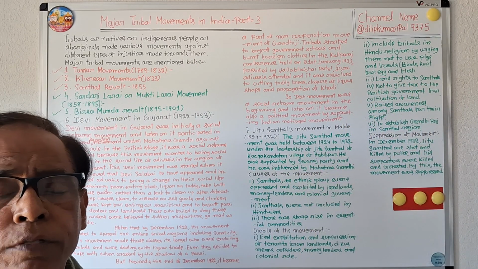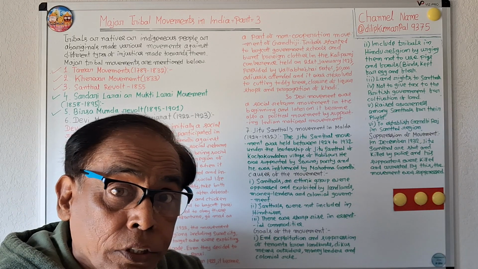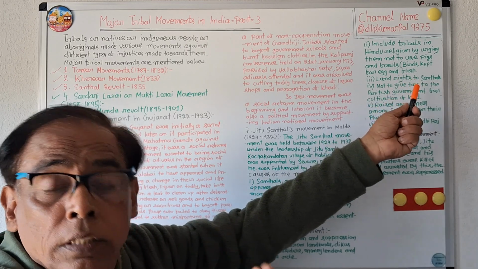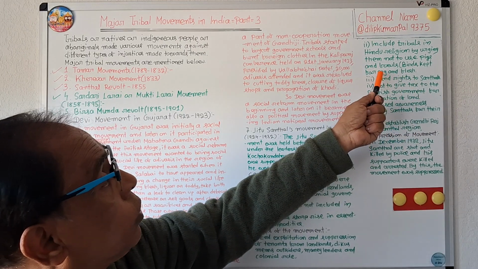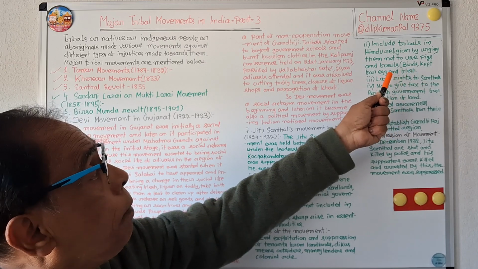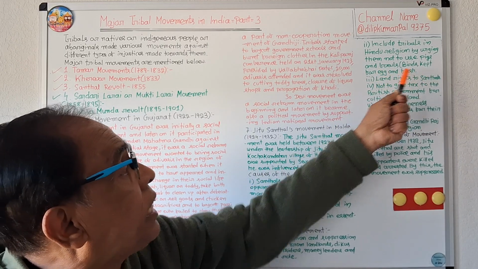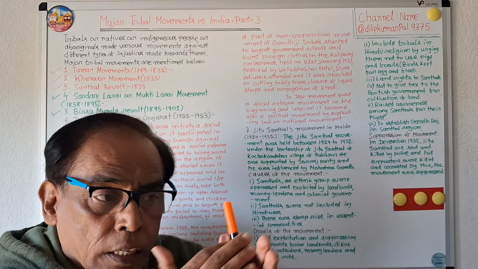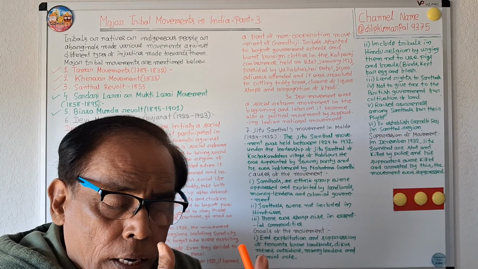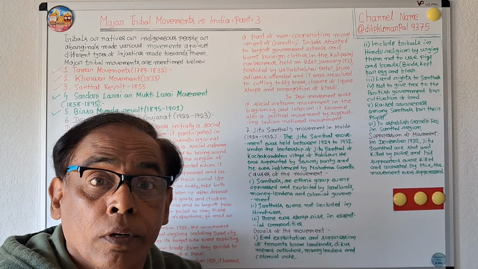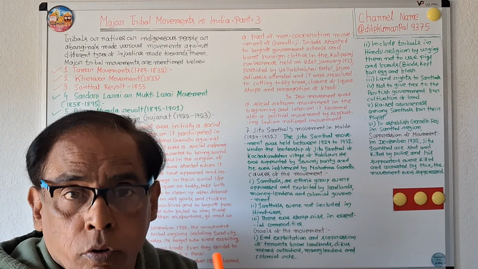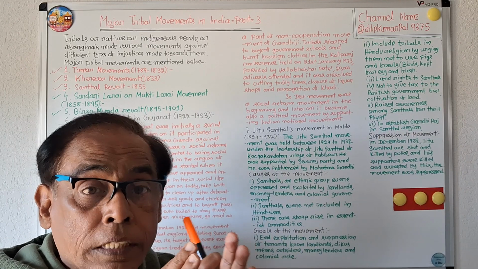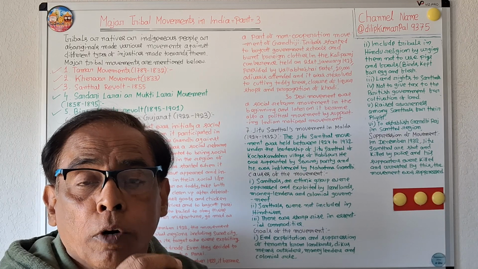Another object of this movement was to include tribals in Hinduism, and its goal was to urge tribals not to keep pigs and fowls, meaning birds used for eggs and flesh.